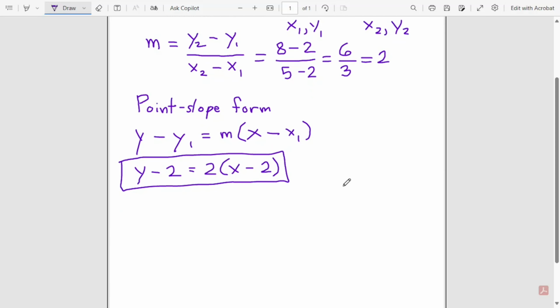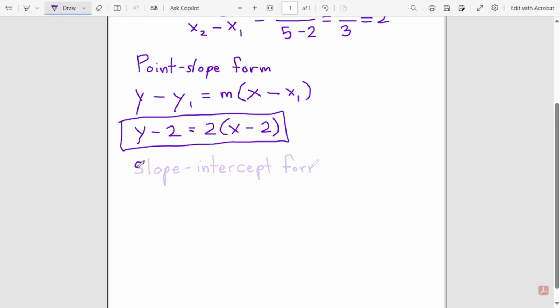Now let's say we want to find slope-intercept. Slope-intercept form is y equals mx plus b, where m is the slope and b is the y-intercept. So we can go to slope-intercept form from point-slope form.